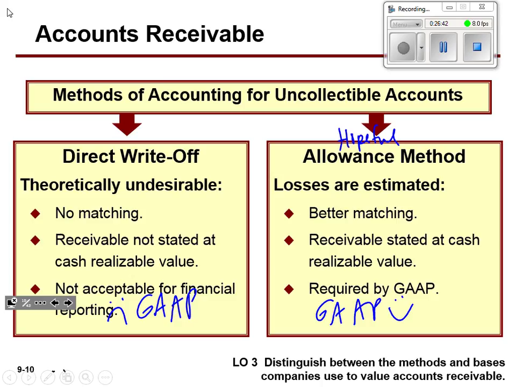In relation to balloons, the direct write-off is a dart to the balloon. So if I'm running around here with these ARs floating, like people owe us money, and I decide to write one off, here I go.